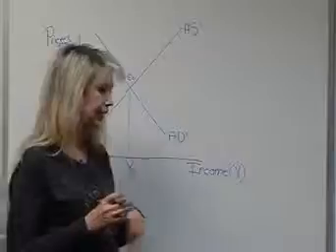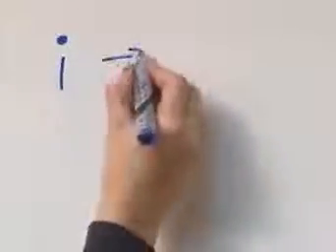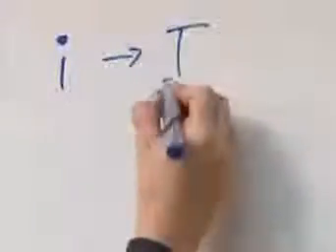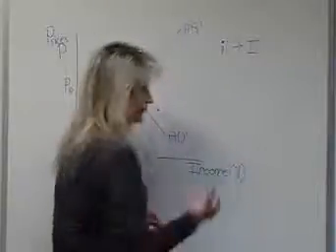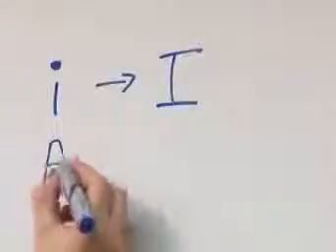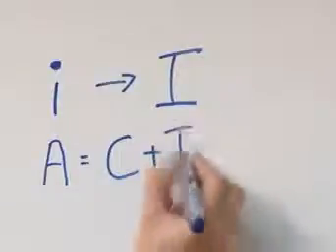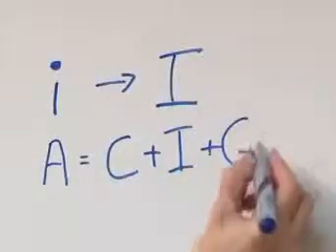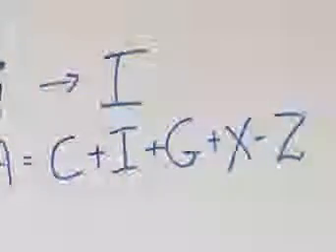Now in this case, it is the interest rate level that changes. Now we know that the interest rate affects investment. And we also know that investment is part of aggregate demand, because aggregate demand is equal to consumption plus investment plus government spending plus exports minus imports.